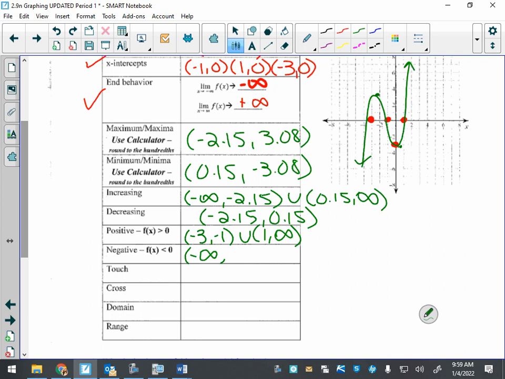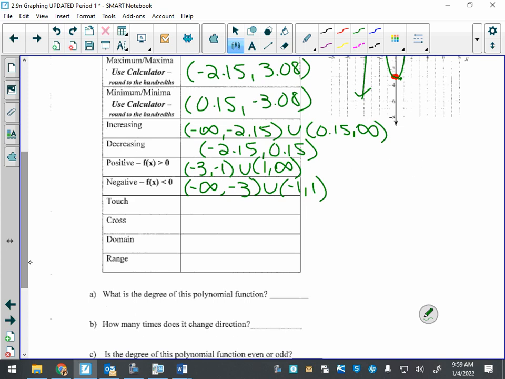Careful. But you should have this, and you should have the graph here. Negative infinity, -3. Okay. And -1 to 1. Okay, it doesn't touch the x-axis, meaning bouncing off, but it does cross. It does cross -3, -1, and 1.